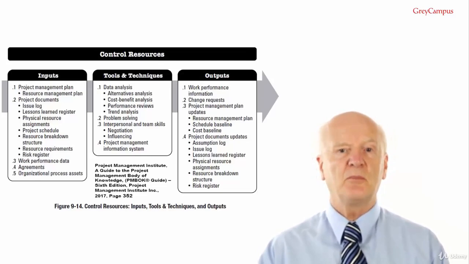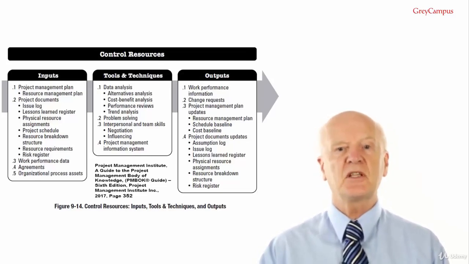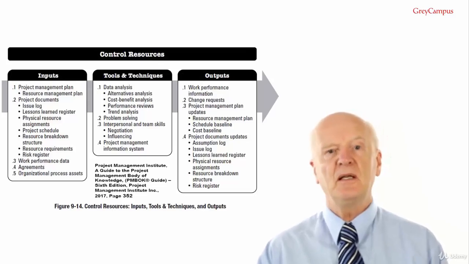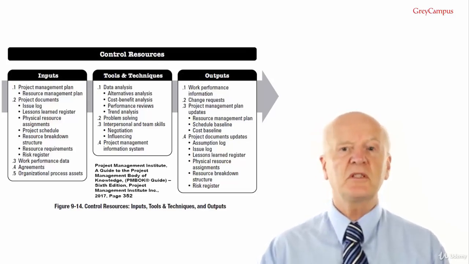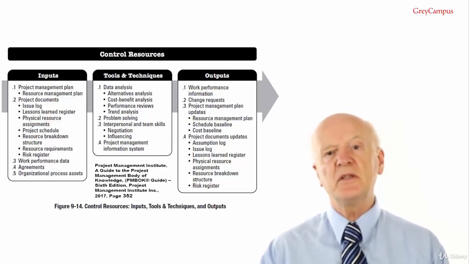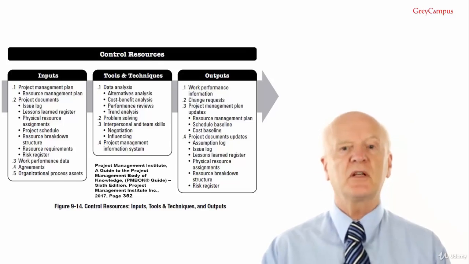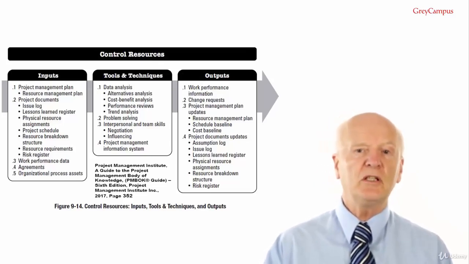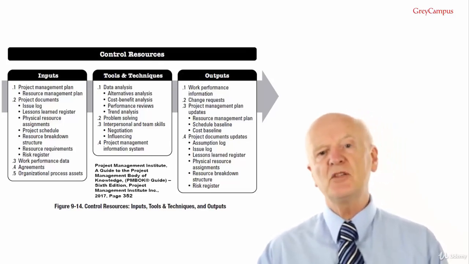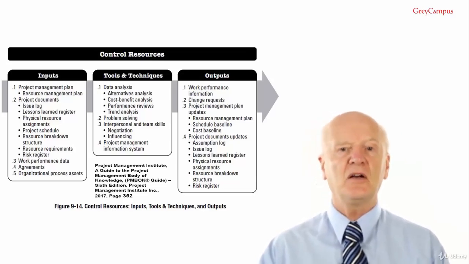The resource breakdown structure tells us how they're to be made up if they're formed from other components. The physical resource assignments tell us how and where they will be used and whether the project team or a third party will use them, and the resource management plan tells us how they will be used, controlled and eventually released.